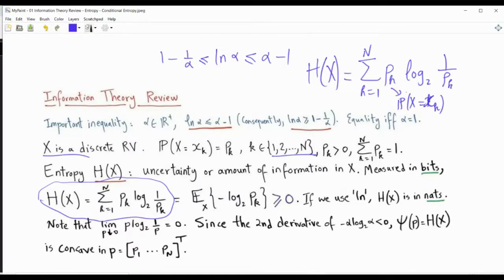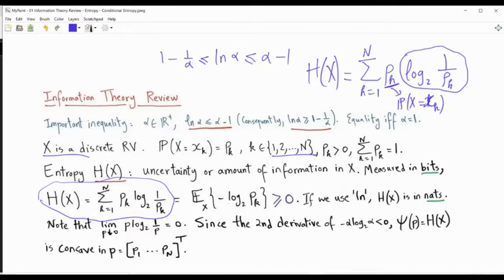So you can write down this summation as an expectation, right? Because you are taking a function and multiplying it by the respective probability and then doing a sum. So this is in fact the expectation of minus log 2 of p_k.